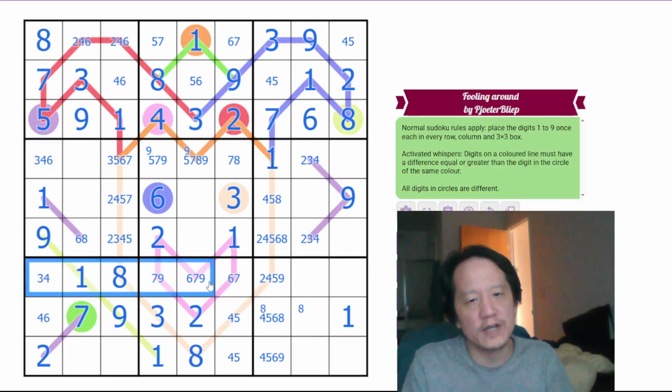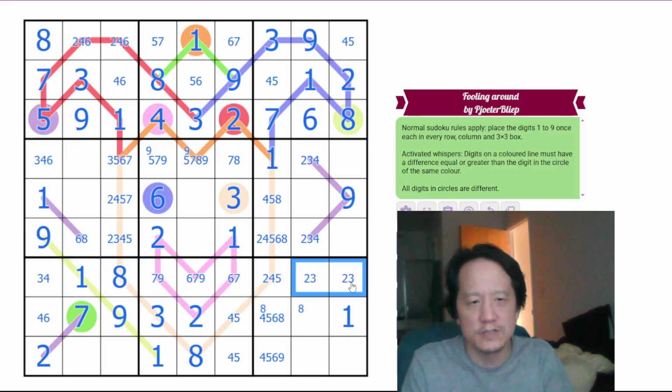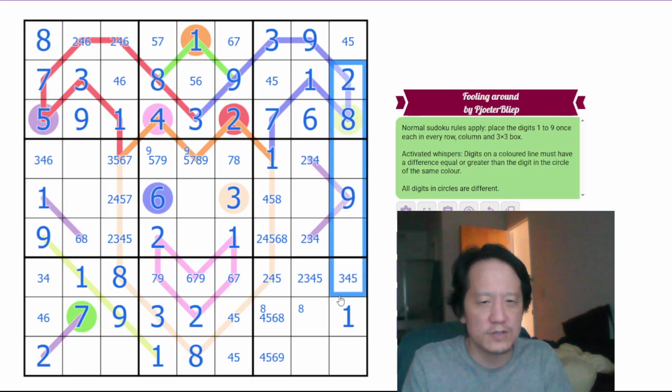This is a 6, 7, 9 triplet. It eliminates 6, 7, and 9 in the rest of the row, so this can't be 9. This is 2 through 5. This can't be 2, though, because of that 2. Therefore, one of these 2 digits is a 2 here.